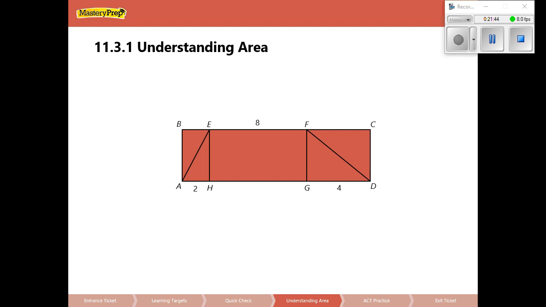I'm going to give you 3 lengths. So I will tell you, and we'll say that the length of AH is 2.